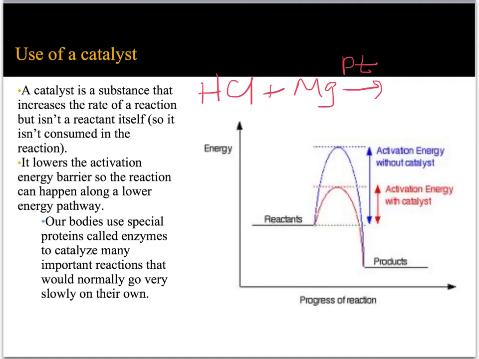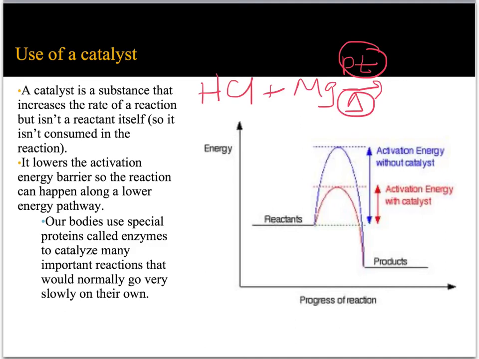Sometimes the catalyst could be a substance, sometimes it could be heat, sometimes it could be any number of things, okay? But these are written along the arrow because they're not actually involved in the reaction, they're regenerated in the process.